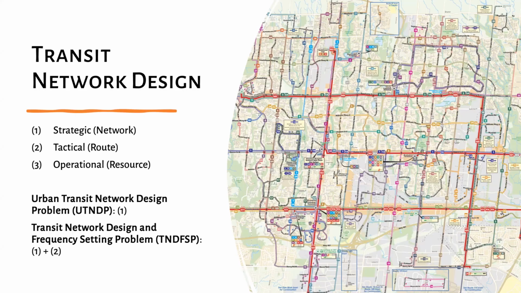However, transit networks come together through a series of three steps. You have the strategic level, where you basically, in a sense, draw lines on a map, but it is slightly more complicated than that because you need to consider how each route interacts with the entire system. And you have what's called the tactical level. Tactical level is really the route operational characteristics. So for example, how many stops are on the route? Where are these stops?